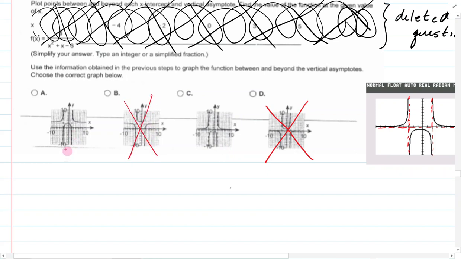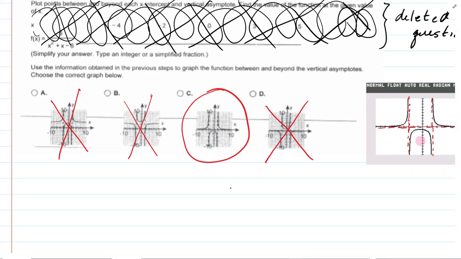This one looks like it has a horizontal asymptote up here, and that's not correct. If I were to look at this in MATLAB, I could use a magnifying glass on it, and you could tell that it is the same as this graph. So it is choice C. If you're graphing this on a piece of paper, then you would start out with these dotted lines, and then the grapher would help you fill in the rest of it.